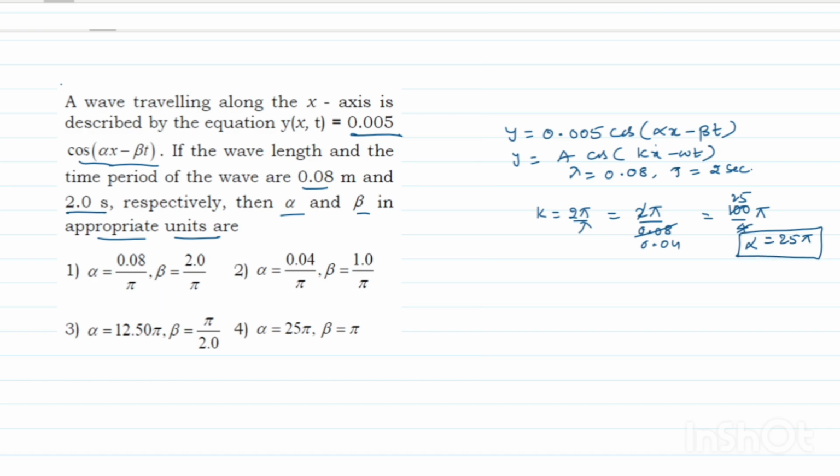Instead of beta, it's given as omega, so beta equals omega, which you can write as 2 pi by T. The time period is given as 2 seconds, so the 2 gets cancelled and beta will be pi. So alpha equals 25 pi and beta equals pi is the correct answer.